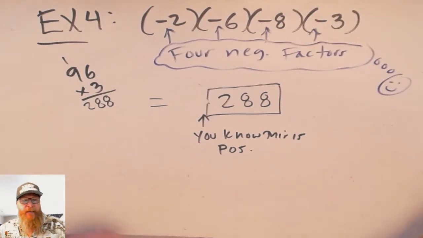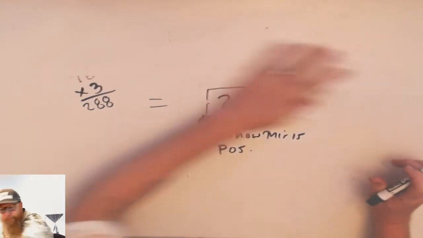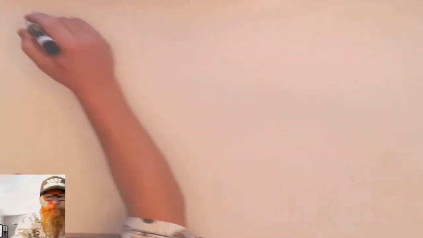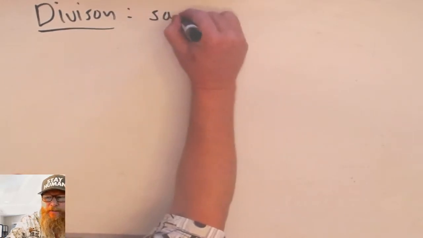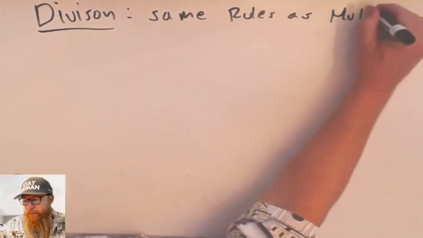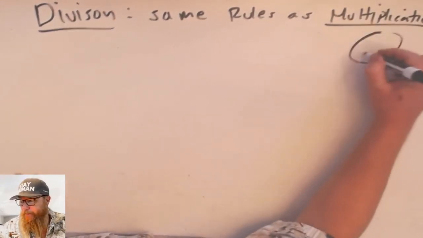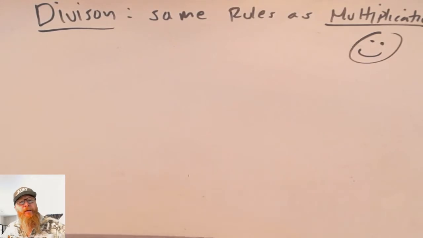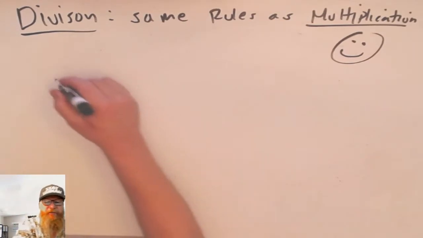The next thing is division. Same rules as multiplication. That is really cool. It's a buy one, get one free. If you memorize the rules for multiplication, you're going to get the rules for division for free.